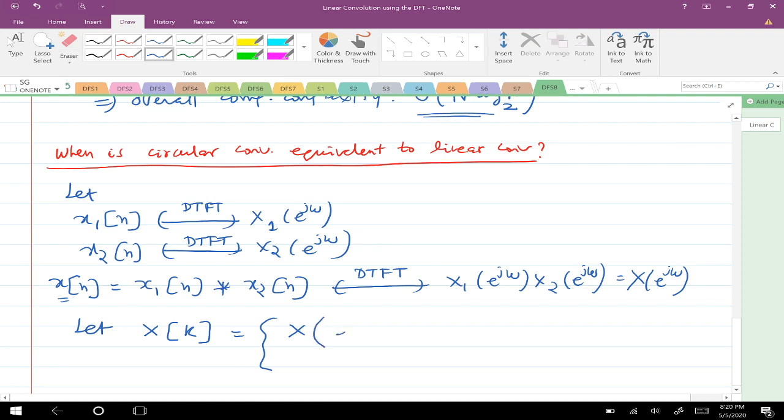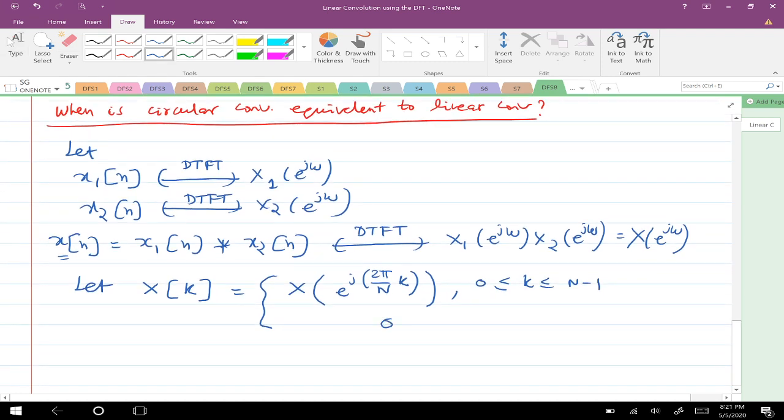And I am going to take samples of it at intervals of 2 pi by N. That's what my X of k is. This is what I would do for 0 less than or equal to k less than or equal to N minus 1. Otherwise it is 0. Notice here I am taking capital N samples of this frequency spectrum.